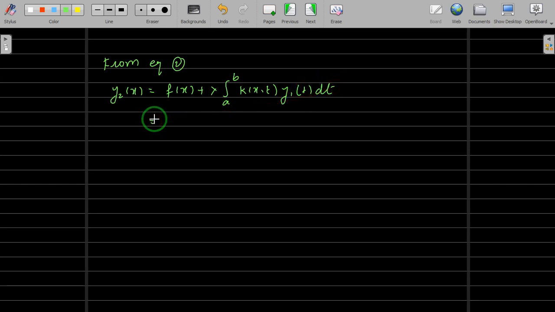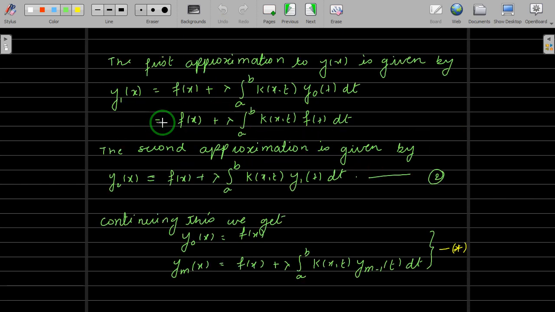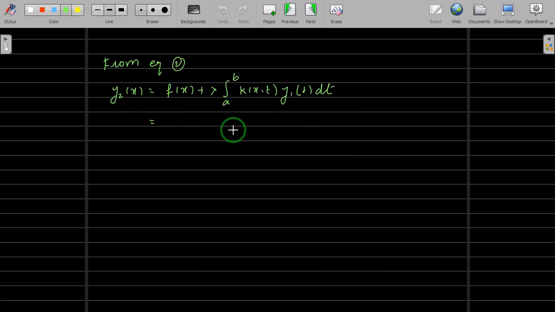But you know what is y1? y1 is the first approximation, and that is given by this equation. So you can substitute for y of t. So that will be f(x) as it is plus lambda integral.